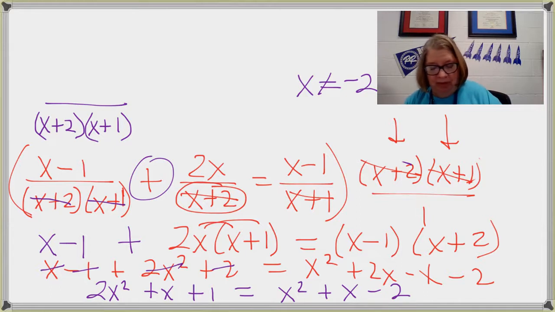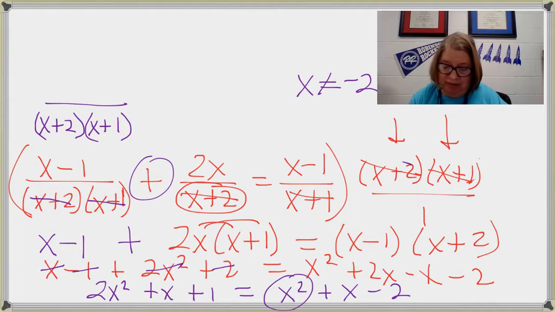Now, to solve this, we need to get everything over to one side. So I'm going to subtract this x squared and subtract this x.